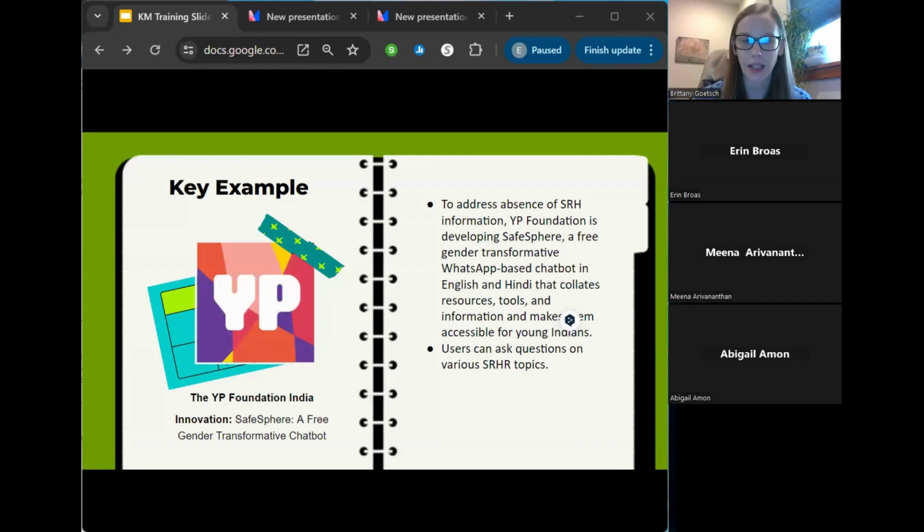And for many in the country, knowledge around sexual and reproductive health and rights is either absent, or information is very Eurocentric and is unrelatable. It's also cis heteronormative, which means it's very gender binary.